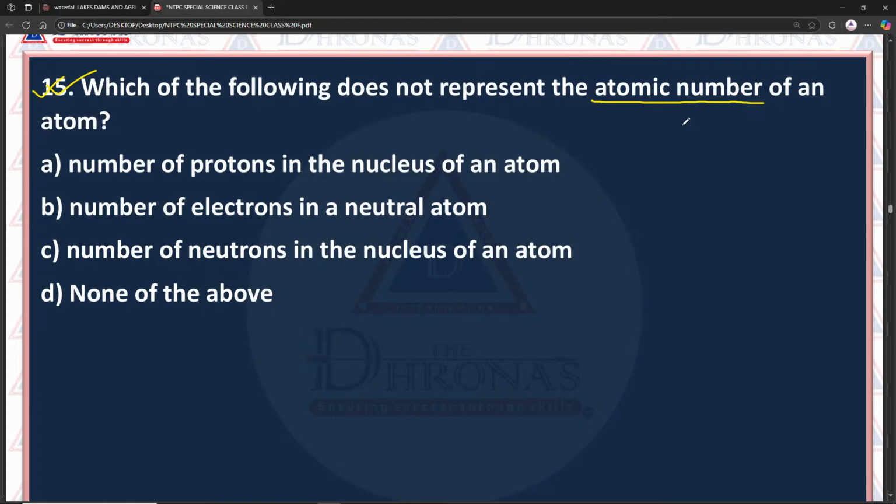Now, what is the meaning of atomic number? Atomic number means number of protons.